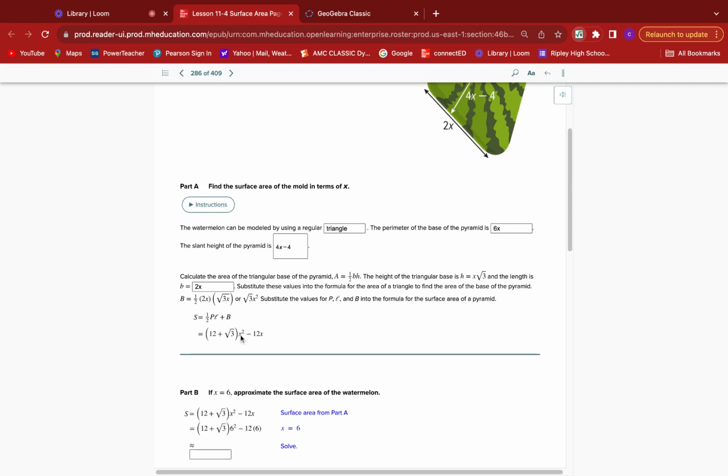They put the GCF in the back when teachers usually teach it up front. Then we have the minus 12x. It does not have a like term to combine with. So if you're wondering how they went from here to here, that's how they did it.